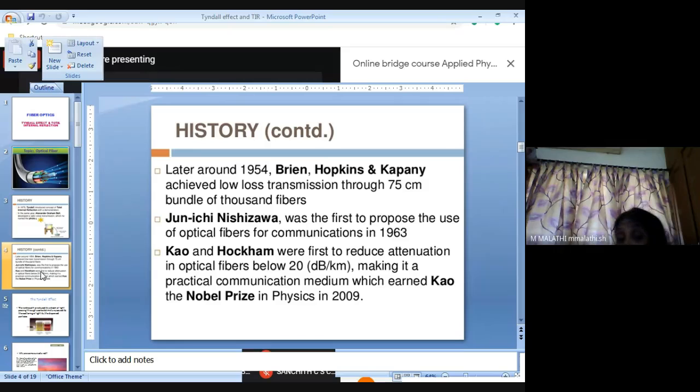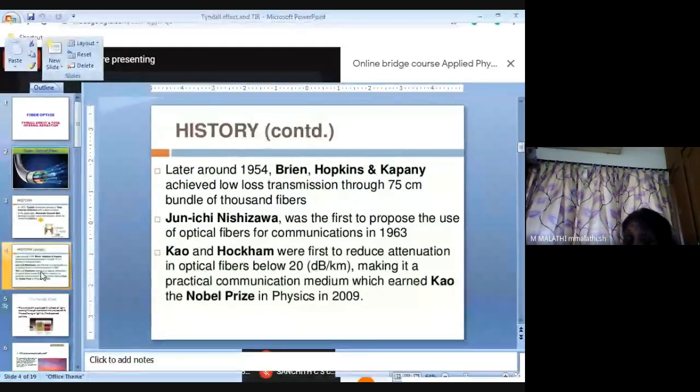So the attenuation loss is reduced to about 20 decibel per kilometer. This is after the year 2009. This 20 decibel per kilometer means when the light signal travels 1 kilometer, only 20 decibel of light energy is lost. When that minimum loss comes into effect, then immediately fiber optic communication is a very good, efficient, effective communication.